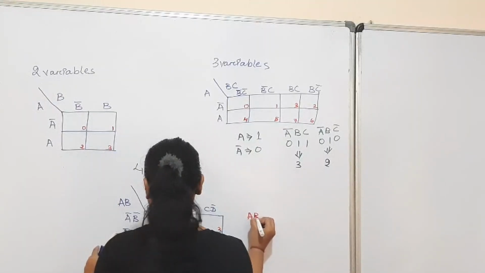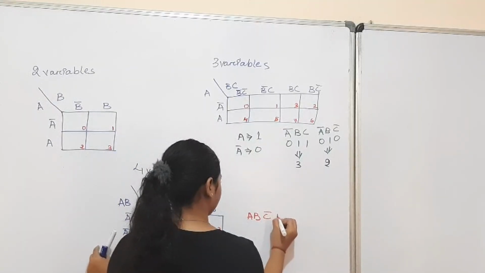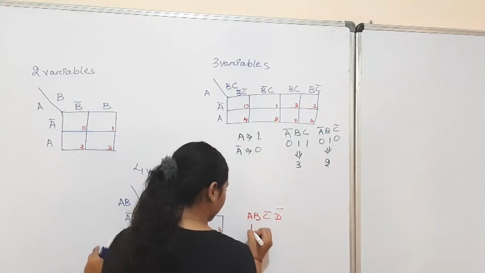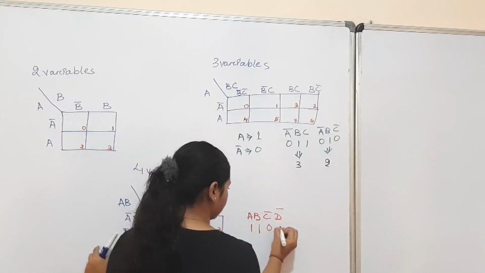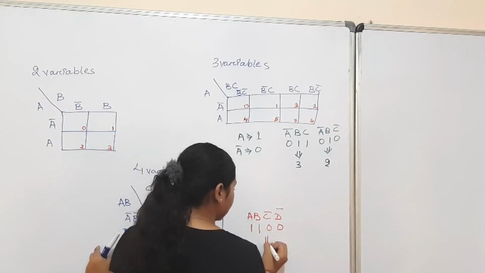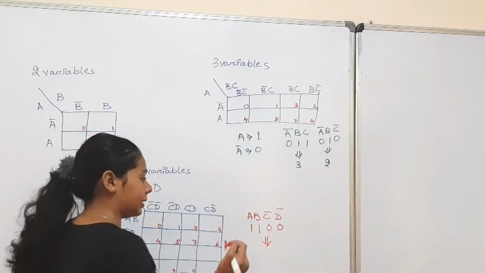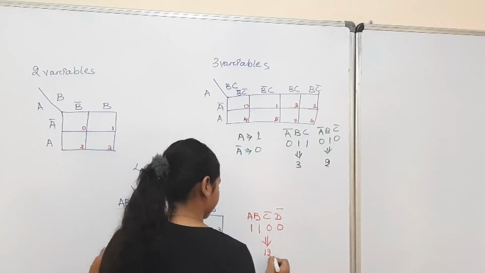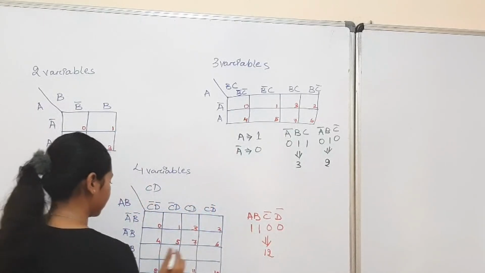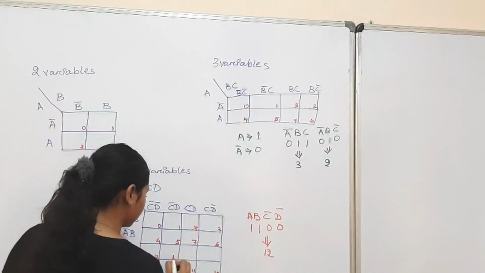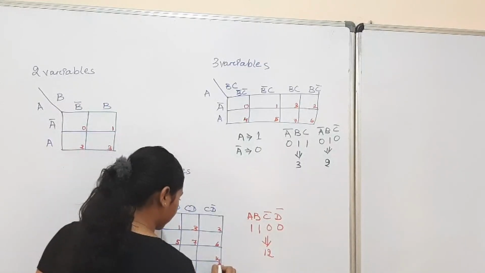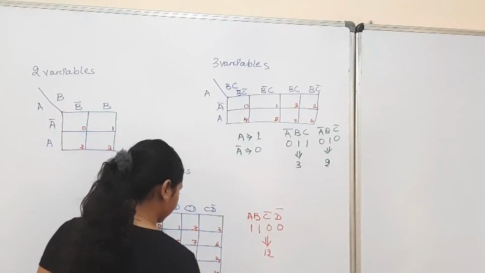A, B, C0, D0, that is 1, 1, 0, 0. In decimal format, it is 12. Let's number this one: 12, 13, 14 and 15.